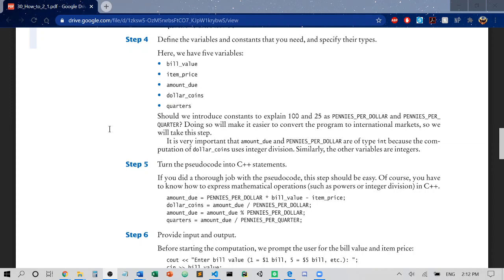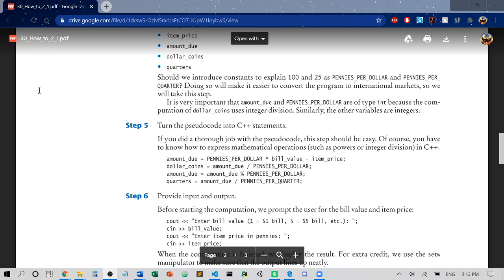This will make it easier to convert the program to international markets, so we will go ahead and take this step and use constants. Now it is important to note that amount due and pennies per dollar are of type integer because the computation of dollar coins uses integer division. Similarly, the other variables are integers.